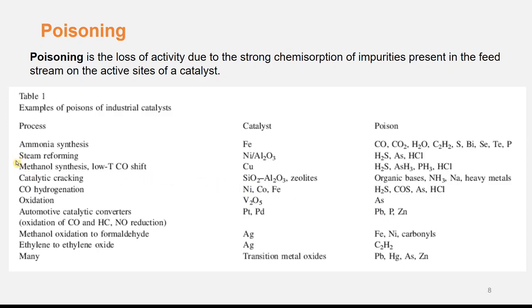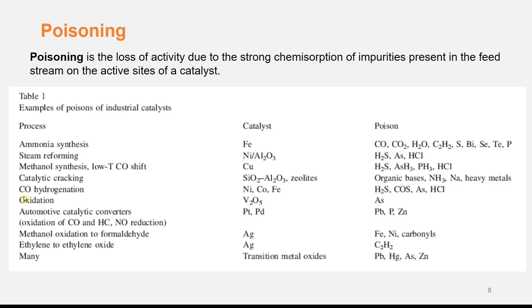Steam reforming and methanol synthesis are topical nowadays due to interests in the hydrogen economy and the methanol economy. The idea is hydrogen and methanol are cleaner replacements for fossil fuels to power transport and also to produce electricity and heat.